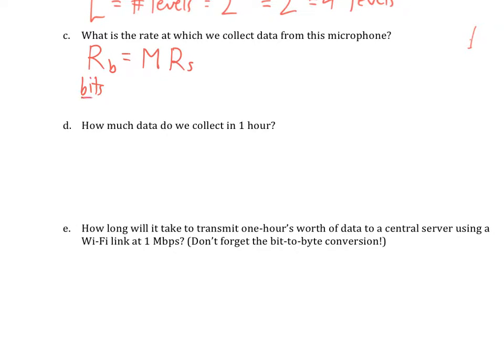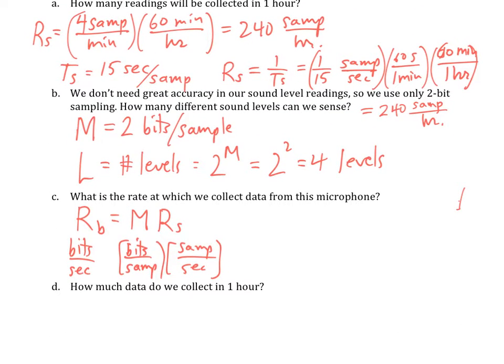So I'll put the units under this: bits per second is equal to bits per sample times samples per second. Do I have M? Yeah, I got M. Do I have R_S? Yeah, I do. I have 240 samples per hour.